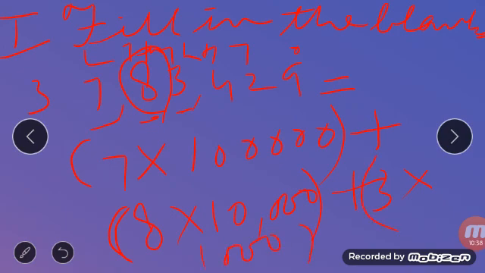Put it in the bracket. Then put sign of plus. Then what is next? 4 is in 100 place. 4 multiply 100. Write in the bracket. Got it? 400. Then plus 2.